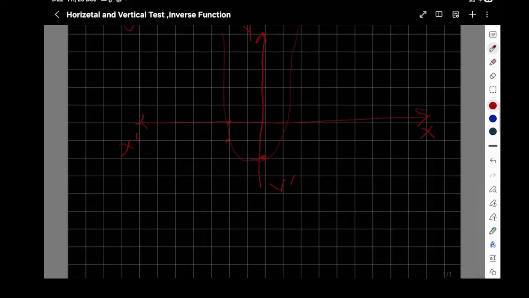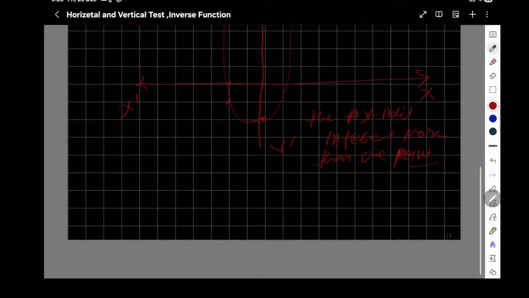Basically, we show the graph, and if a line intersects it at more than one point, then this is not one to one.